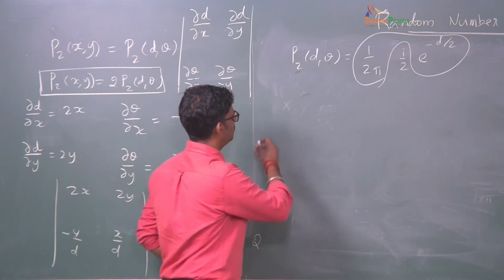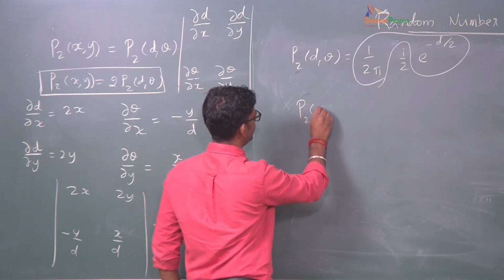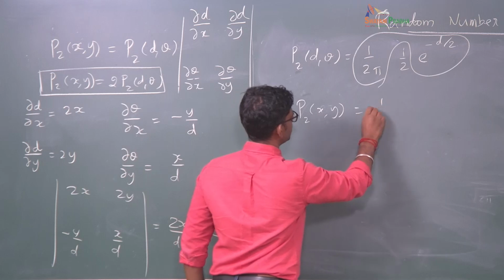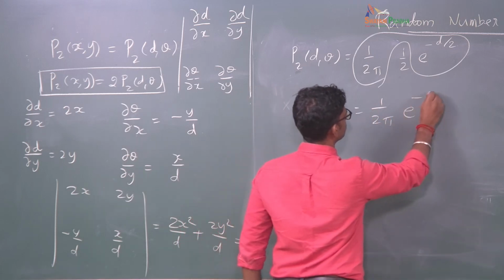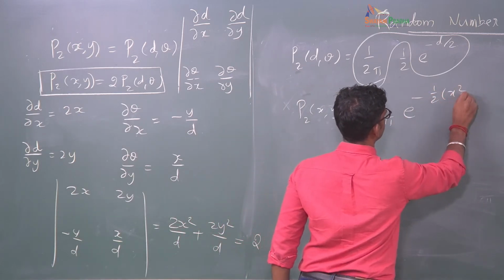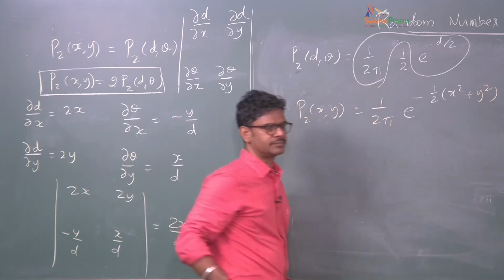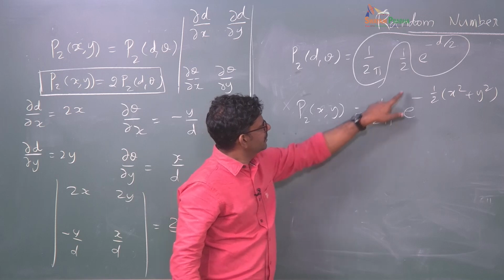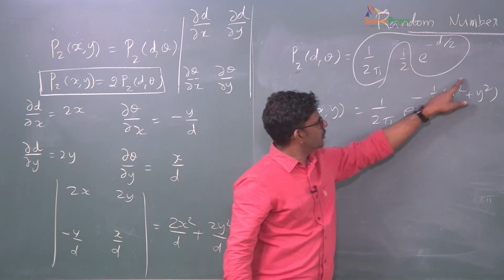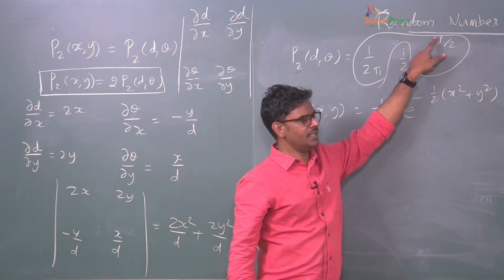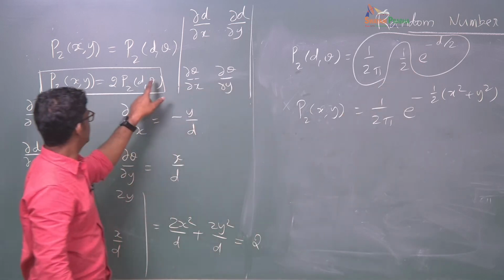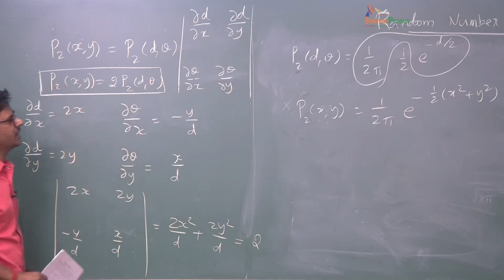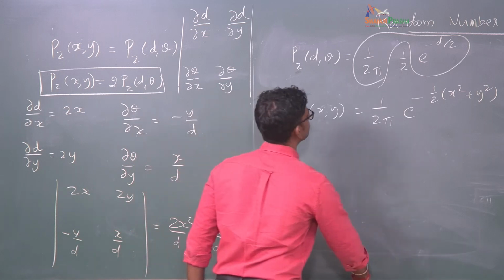Previously I would have written it as P2 of x comma y. So here 1 by 2 pi, keep it like this. In this exponential term, I write x square plus y square as d. And this factor of 2 comes because of the relationship I showed.